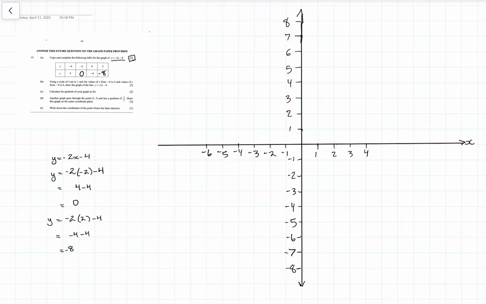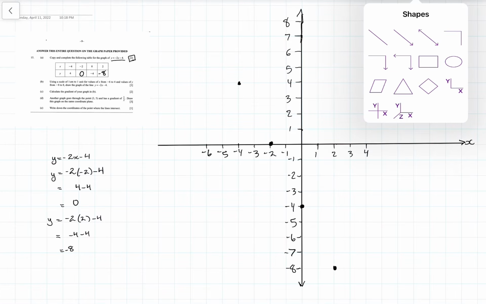And now it says to draw the graph. So our first point is negative 4, 4. So let's go negative 4 on the x-axis, 4 on the y-axis, which is right here. And then negative 2, 0, which is right here. And then 0, negative 4 here. And 2, negative 8, which is right here.